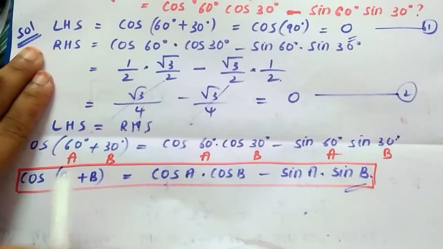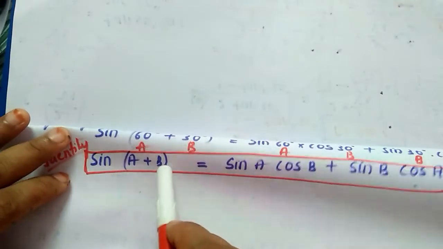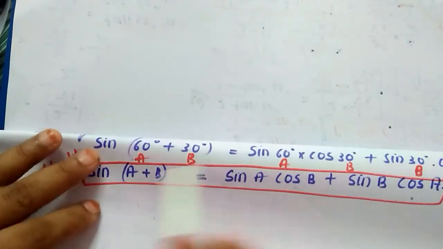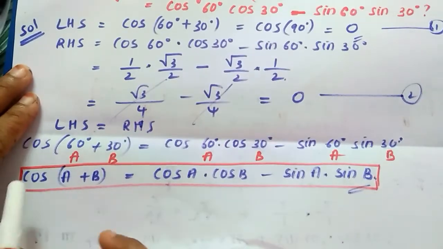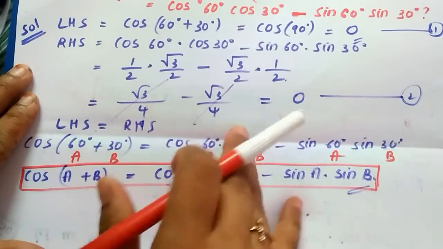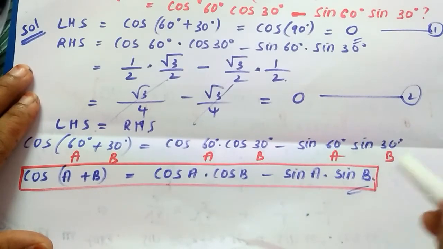Now here is what everyone might be thinking. If sine A plus B is like this, then cos A plus B will also be like that, with cos in the front. But no, it is not so. For cos A plus B, all the cosines together minus all the sines together. So cos A into cos B minus sine A into sine B is the answer.